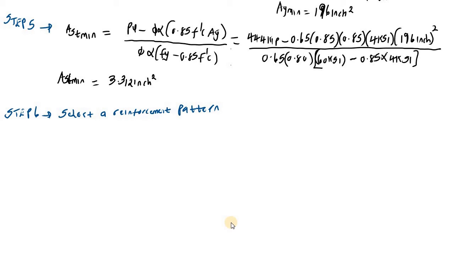We are going to use the beam design aid table, the beam design aid chart, to select a good reinforcement pattern for our column using the area of steel as 3.312 inch square. So I'm going to show you the beam design chart. You can use the beam design chart to select a reinforcement pattern for our column.